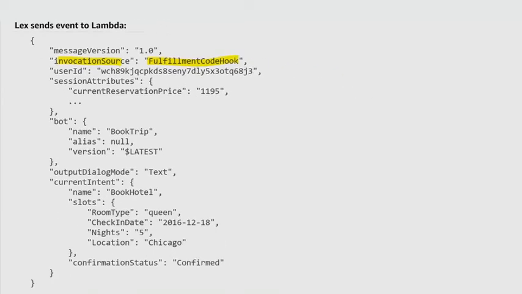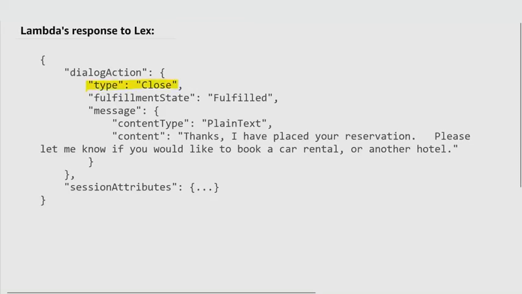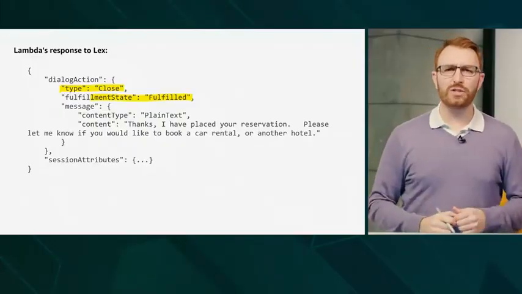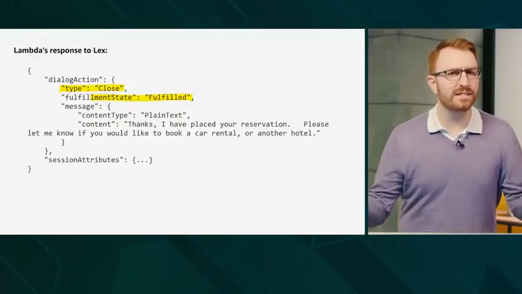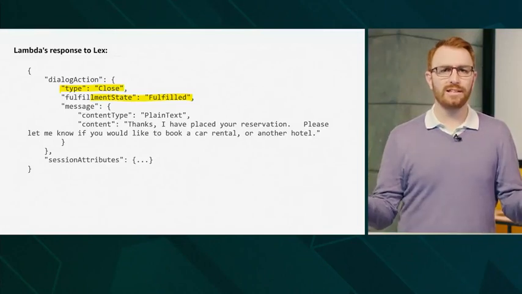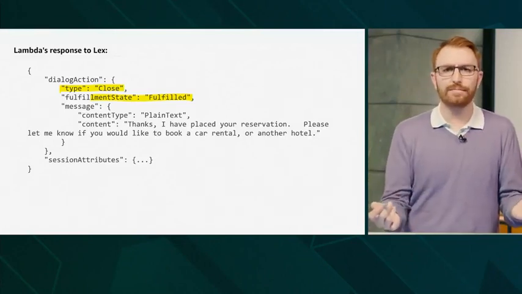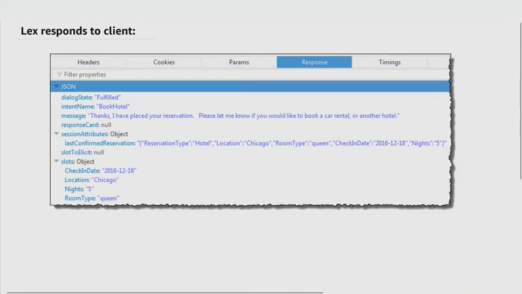Lambda will need to send one last dialog action back, and that is of type close, with the fulfillment state set to fulfilled. A message can also be supplied, or the response section of the bot will be utilized. In this case, we use the message. Lex will send that message back to the user, and now our interaction with our bot is finished.